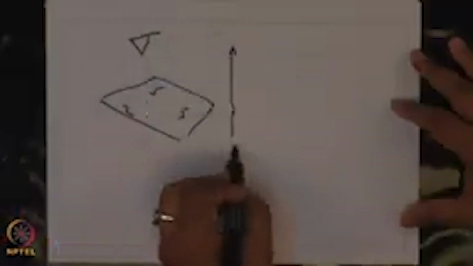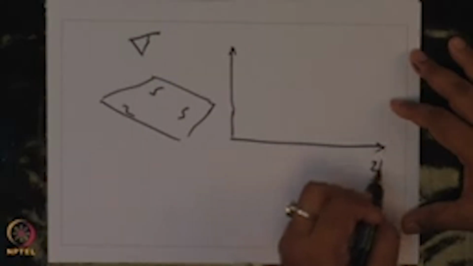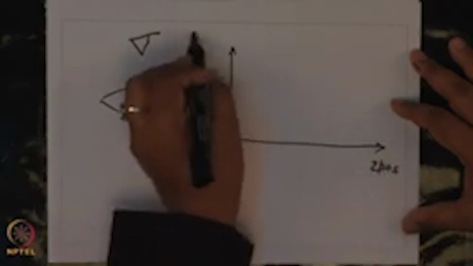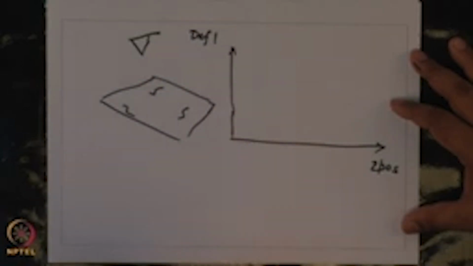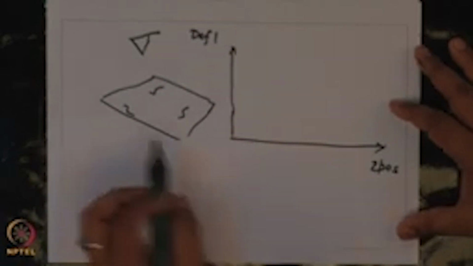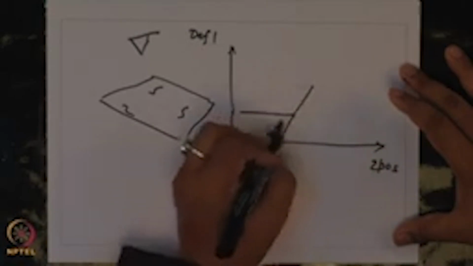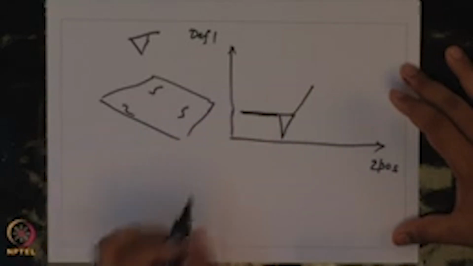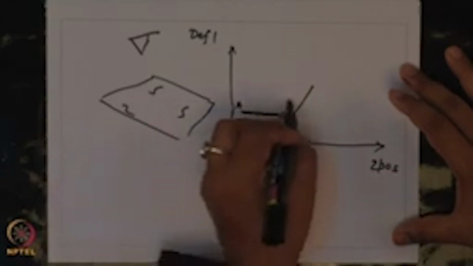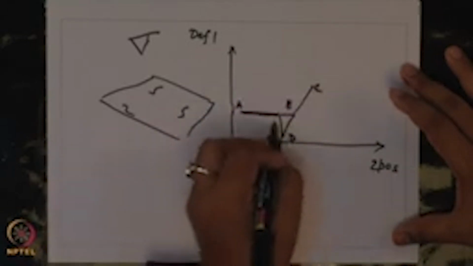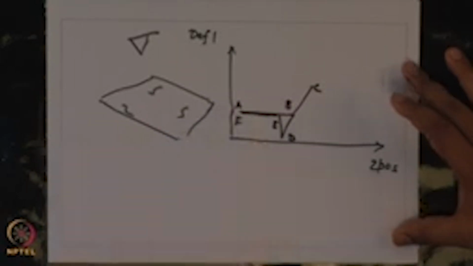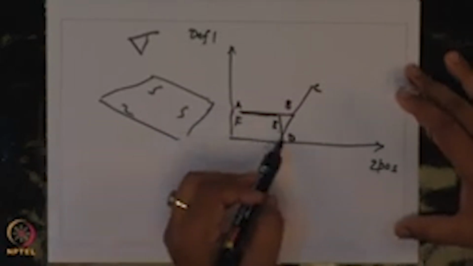Let me again draw the force curve. For the case where the tip does not touch the protein, you will have a curve something like this. A, B, C, D, E, F. You will have a sharp peak here.